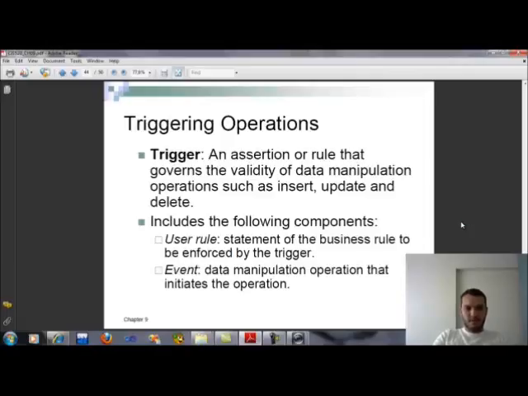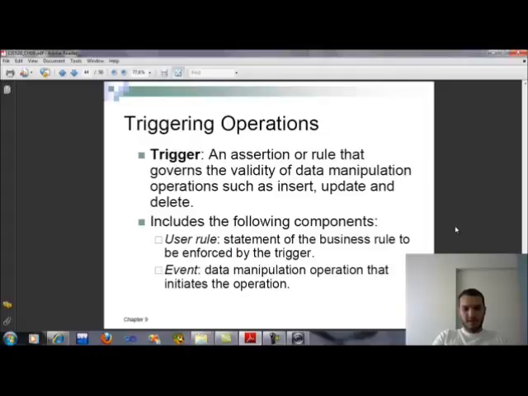And triggering operations. What's a trigger? A trigger is an assertion or rule that governs the validity of data manipulation operations such as insert, update, and delete. It includes the following components: user rule, a statement of the business rule to be enforced by the trigger.